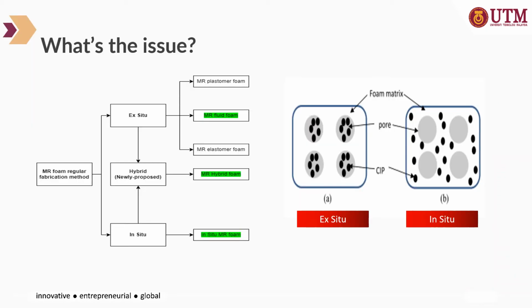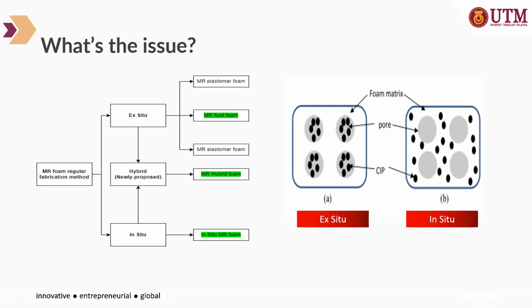However, different fabrication processes of MR foam, either in situ or ex situ methods, will result in different magnetostrictive effects, depending on the positions of magnetic particles in the structure of the foam. Besides, different positions of embedded magnetic particles in the foam structure, either in the pores or inside the strut of foam pores, give an idea to combine both fabrication methods.